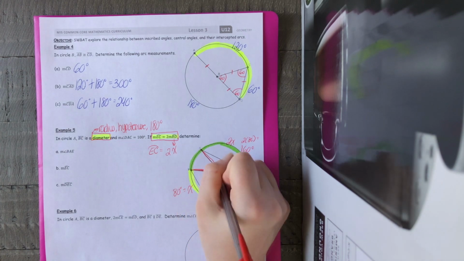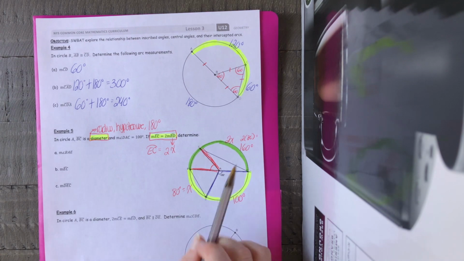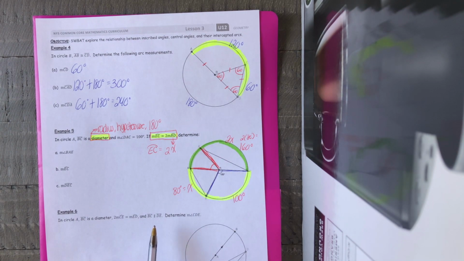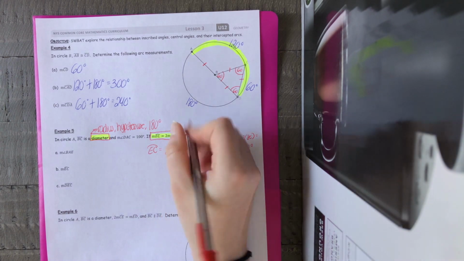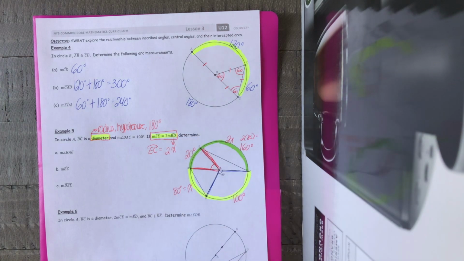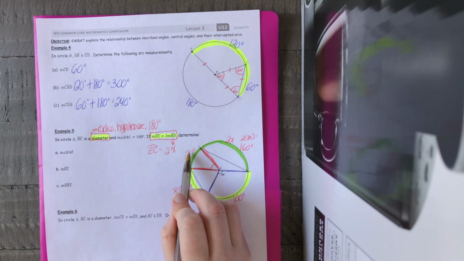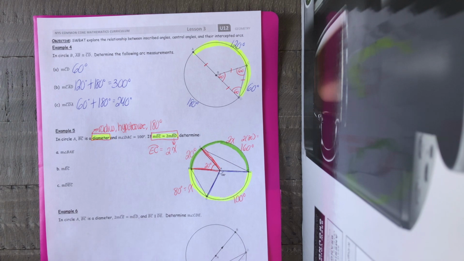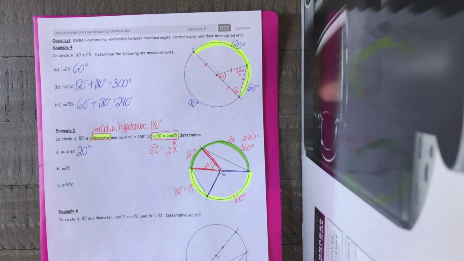All right, so it's the only arc that I haven't filled in yet, but I can easily find that arc because, again, I know that the top half in green makes 180 degrees. So if the right-hand side is 160, I know this leftover has to be 20, right? Because together they make 180. All right, and this is also a central angle like 100. So I know if the arc is 20, the angle has to be 20. So I'm going to fill it in on my diagram, and then I'm also going to fill it in as my answer on the side. All right, and now I'm going to keep going.